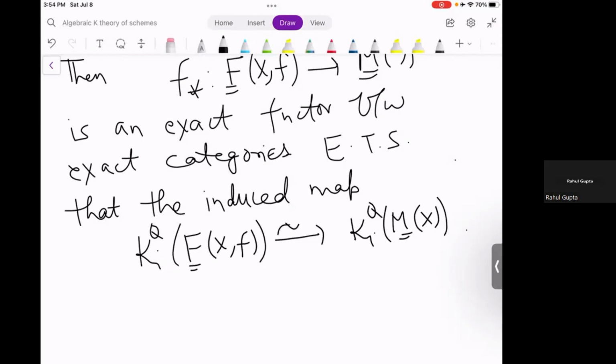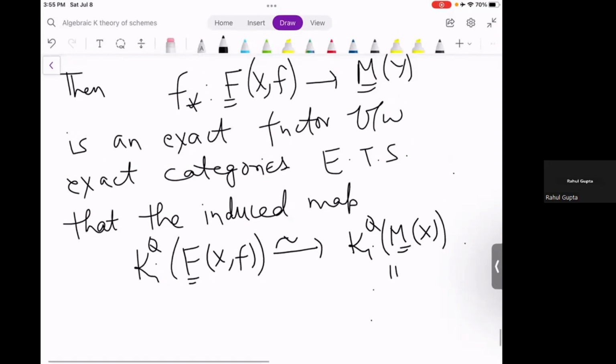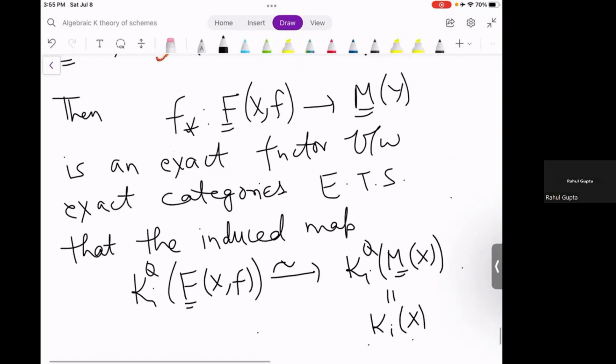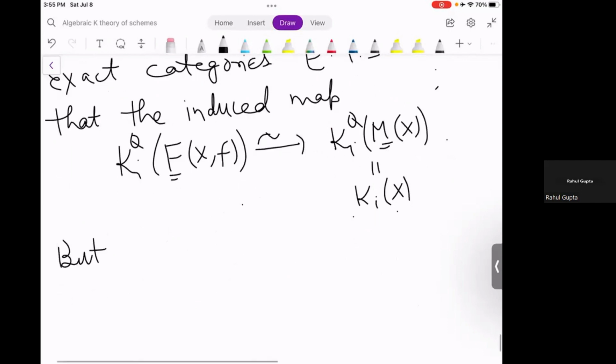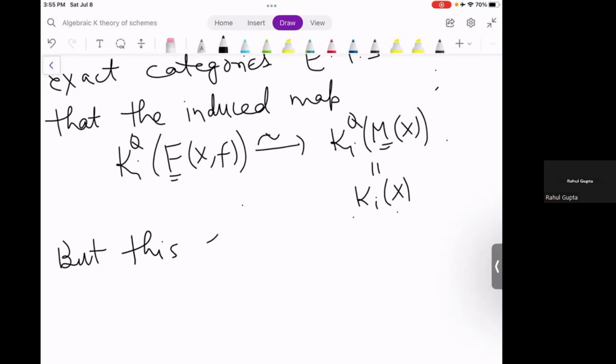It's enough to show that, because this is exactly the K theory of X, and then you will get a map from the K theory of X to the K theory of Y. But this follows from resolution theory. We'll just write one line and leave it as an exercise, or come back to this afterwards.